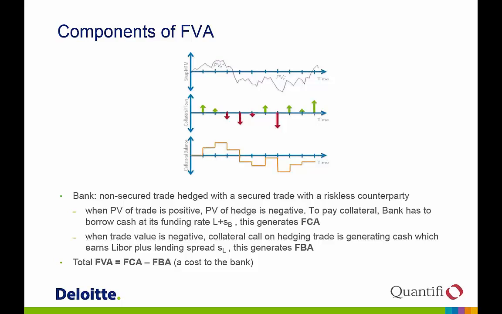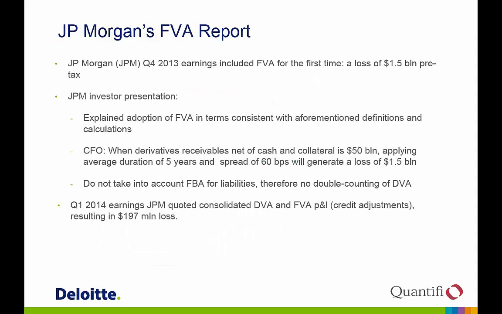What's important to remember here is that borrowing spread and lending spread are quite different for banks. We'll talk a little bit about this later. JP Morgan's FVA report: in January 2014, JP Morgan announced earnings for Q4 2013, and for the first time they included FVA.